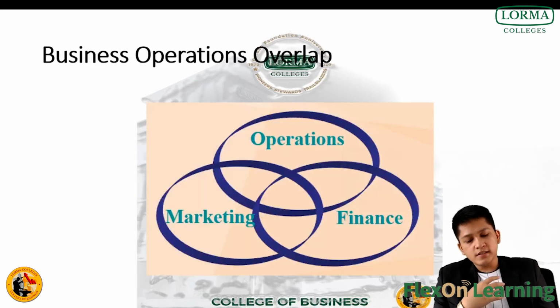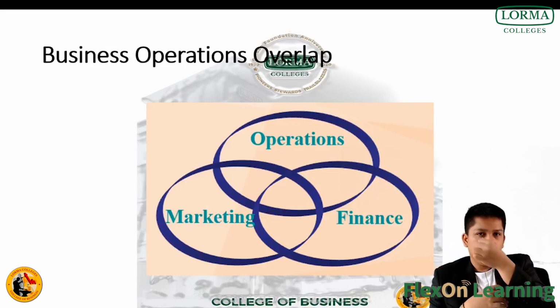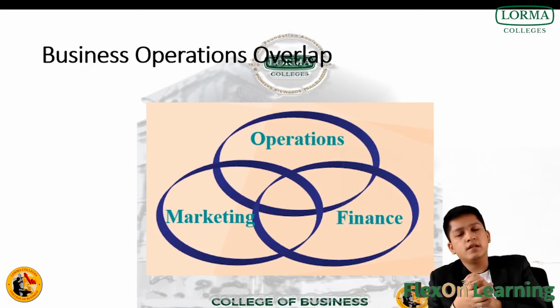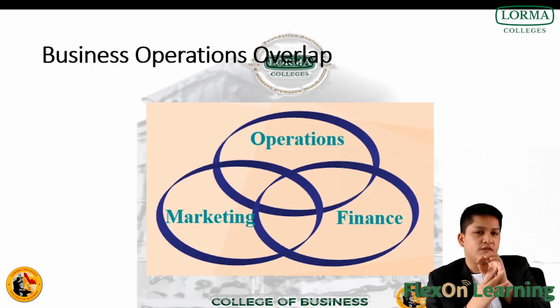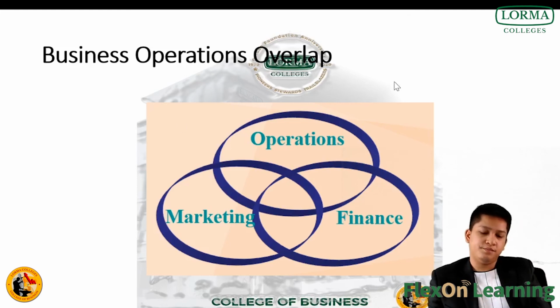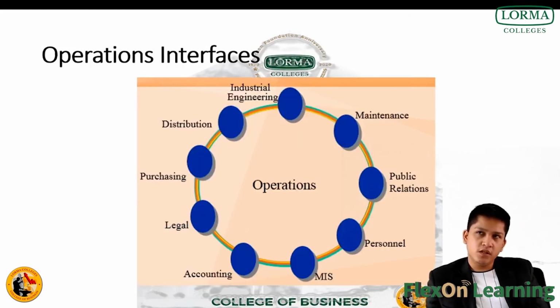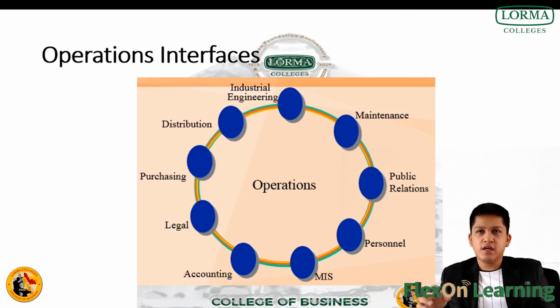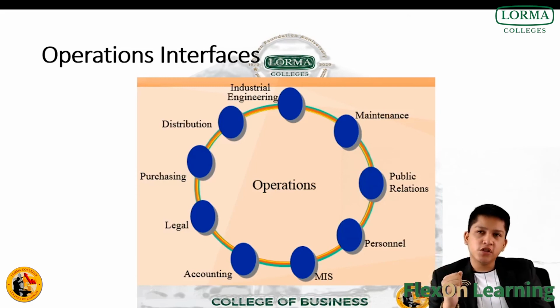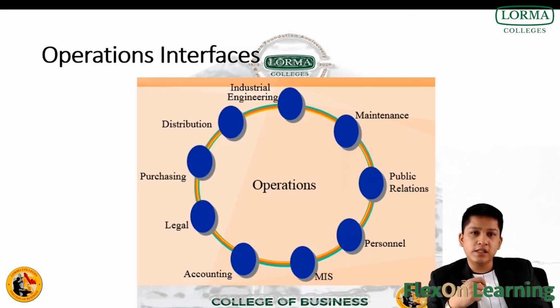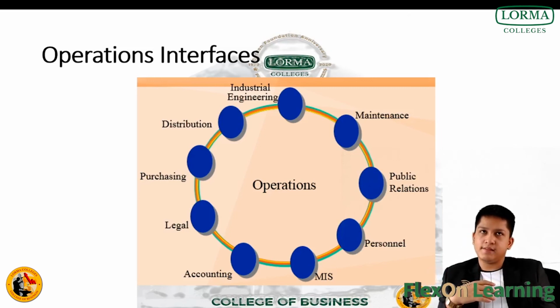So business operations overlap, because operations, marketing, and finance, your common organizations, have a direct relationship. They are interlocked. So we have the operations interfaces: industrial engineering, distribution, purchasing, legal, accounting, MIS, personnel, public relations, and maintenance. Okay?